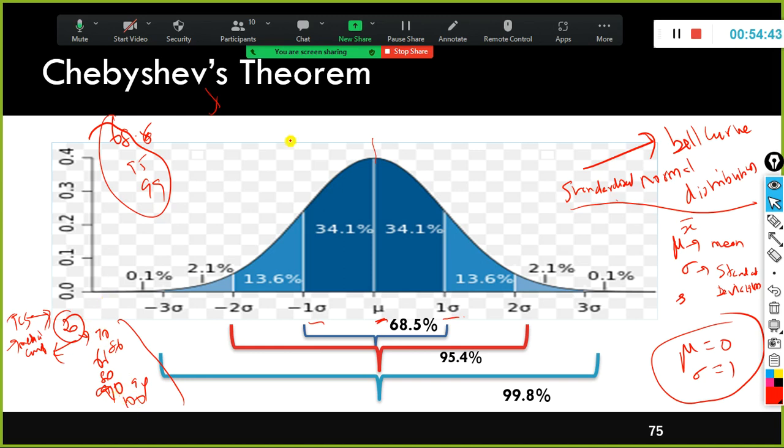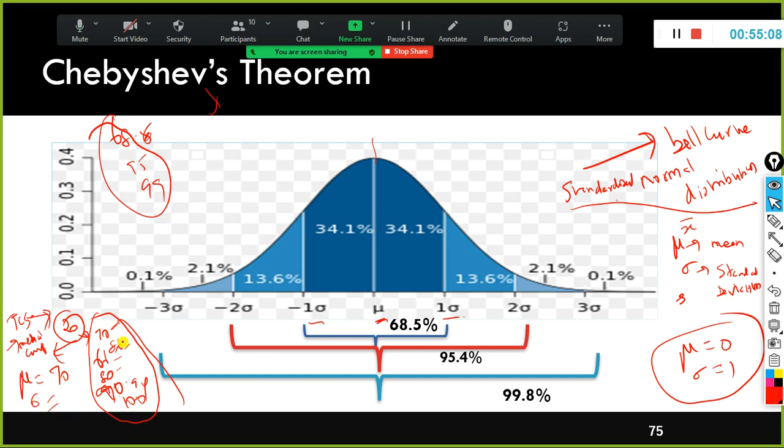Now you are using Chebyshev's theorem. Let's assume the mean heart rate is 70. You take each and every employee's heart rate value from your project and take the average, and you get 70.